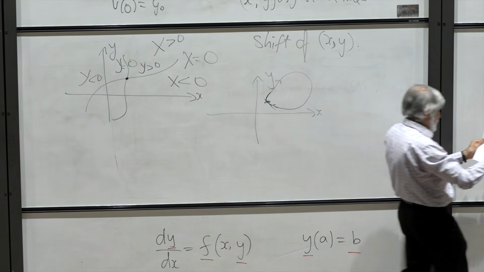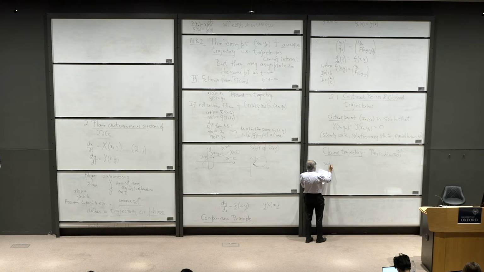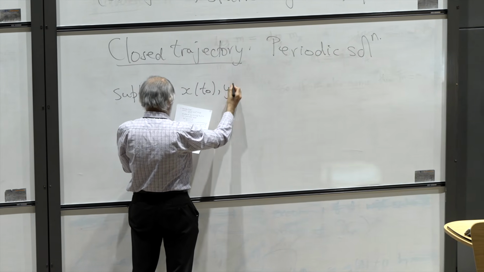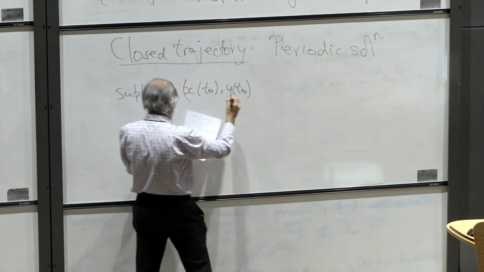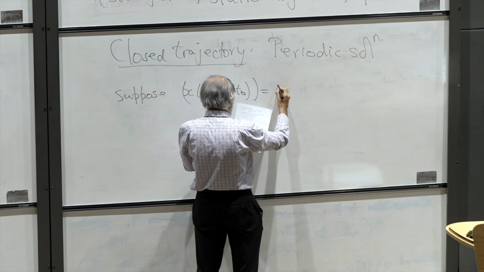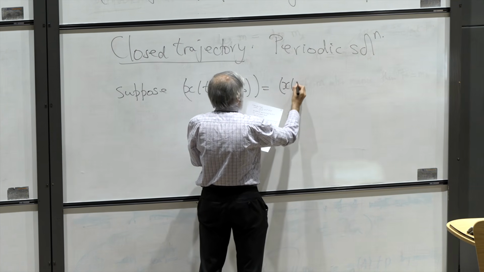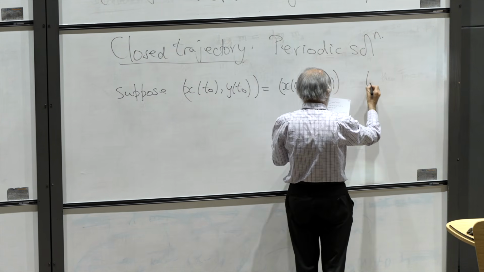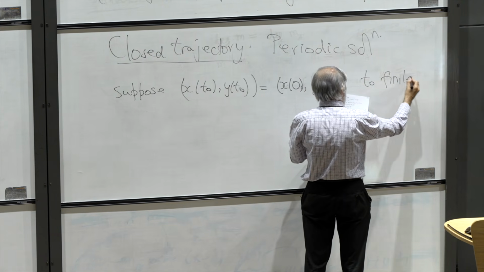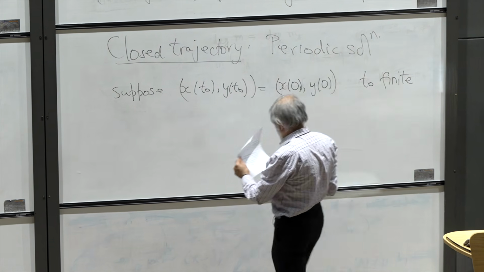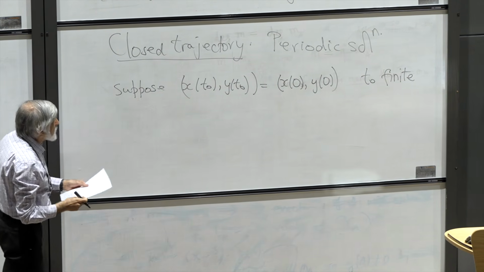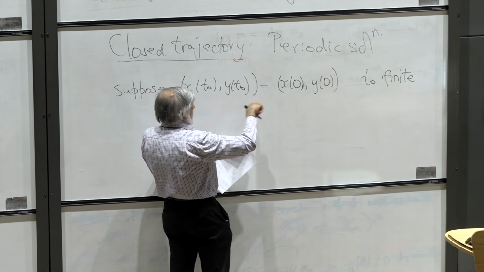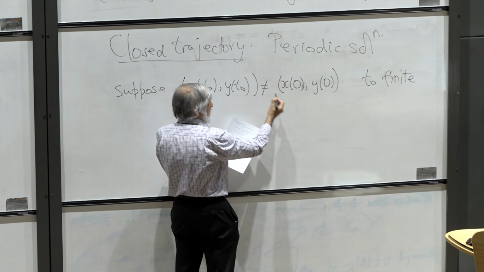Okay? And the proof of that is, suppose x of t naught, y of t naught, where t naught is finite, and actually suppose that we get to the stage where this doesn't hold for some t naught finite.